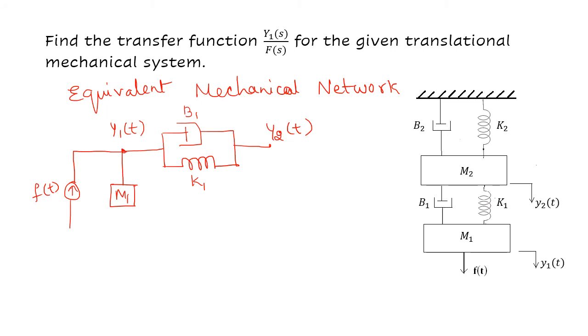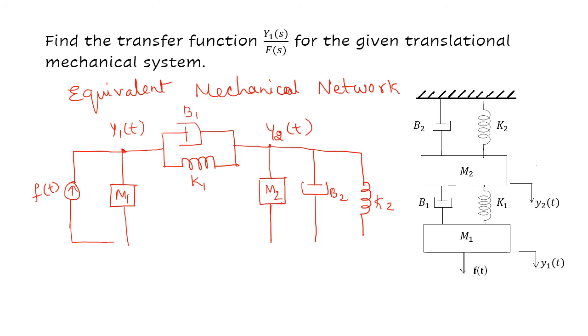And here at Y2 we need to represent the mass of body M2, the damper effect which is B2, the friction effect, and the spring which is K2, all with respect to the static reference frame. This is the equivalent mechanical network.